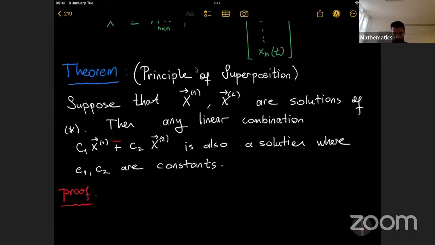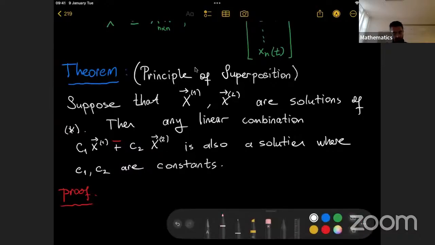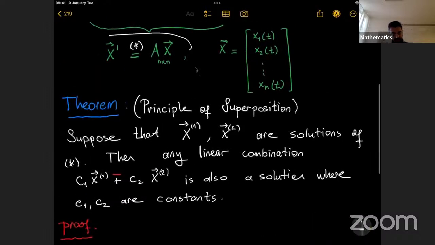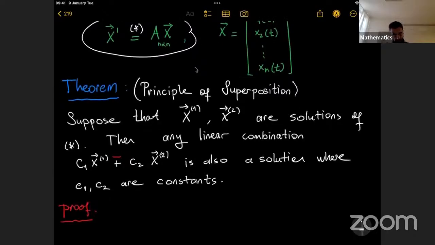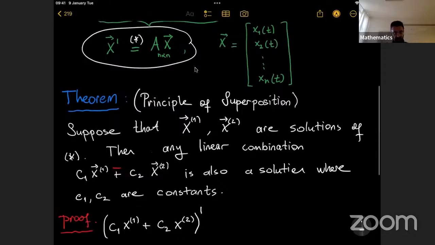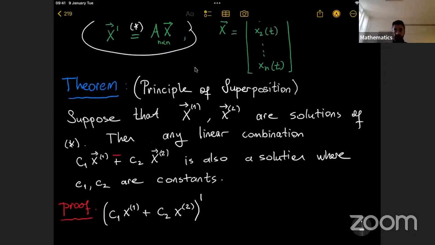All right. Let's show this. Basically, we check this equation, x prime is equal to Ax. So C1 x1, I will not put vector notation to simplify, plus C2 x2, another solution, and take the derivative of this and check whether it is equal to A times this.